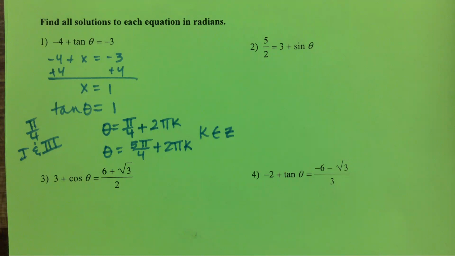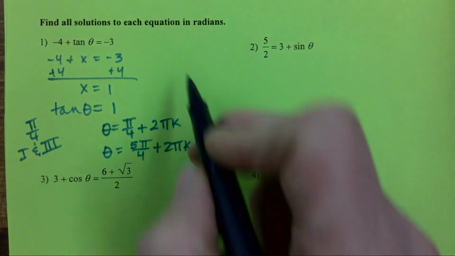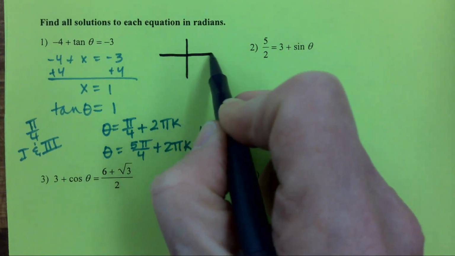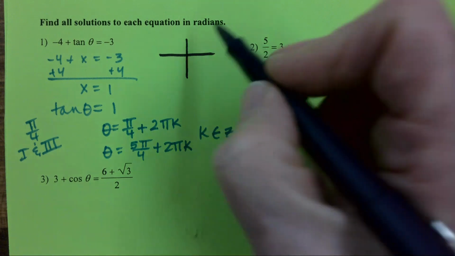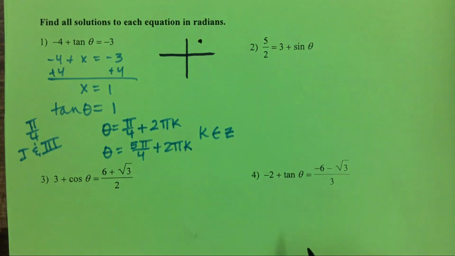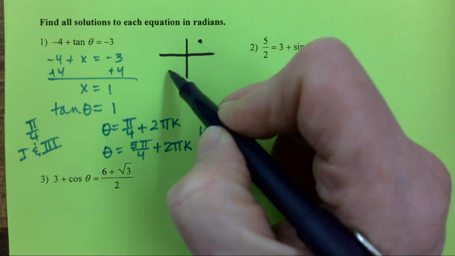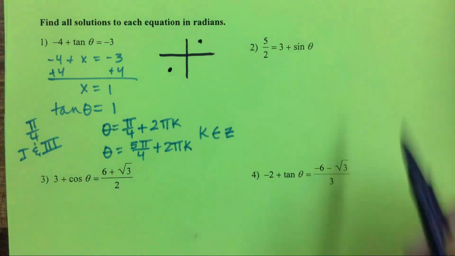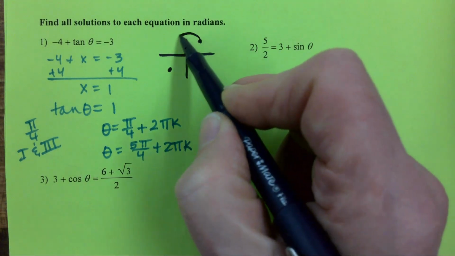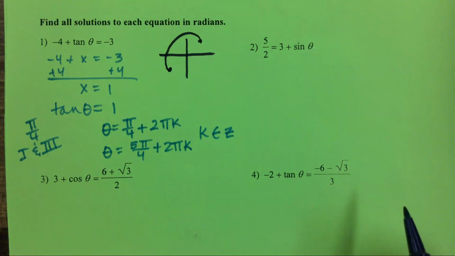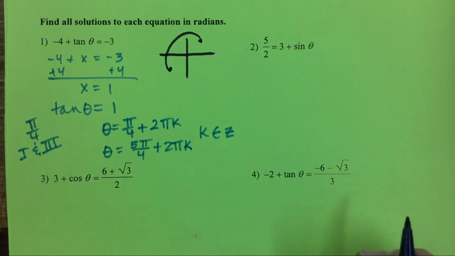There are instances where our answer can be written in a different form. And that is, if I envision where these two things are, here's pi over 4, and here is 5 pi over 4. How far are these apart? Exactly 1 pi.